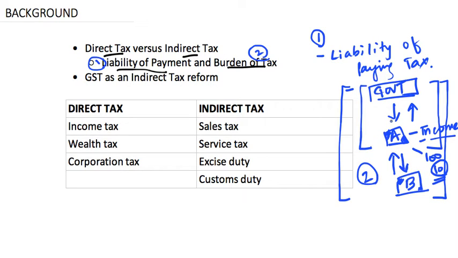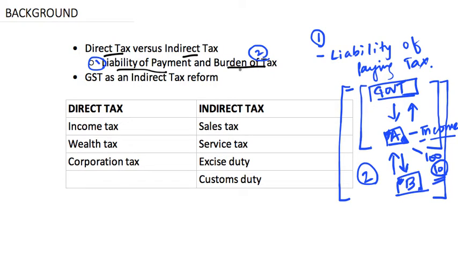Now, the liability of submitting these 10 rupees taxes lie on A. So, if A does not submit these 10 rupees of taxes, the government will come after A and not B. But in this case, the burden of this tax is lying on B and not on A. This is what we mean by liability of payment and burden of taxation.